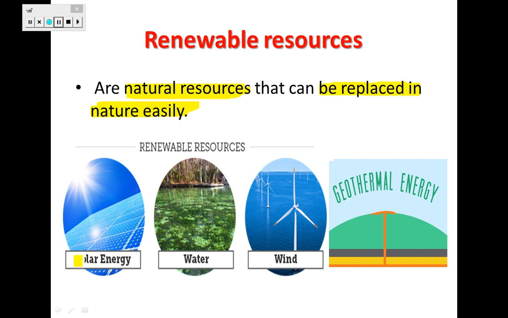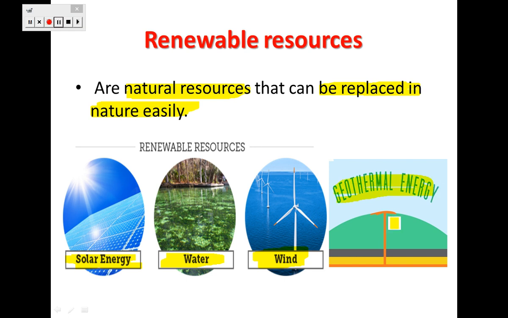We use solar panels in order to convert the solar energy into electrical energy. Also, the water is a renewable resource because it will never finish. We all know about the water cycle, the wind, and the geothermal energy.